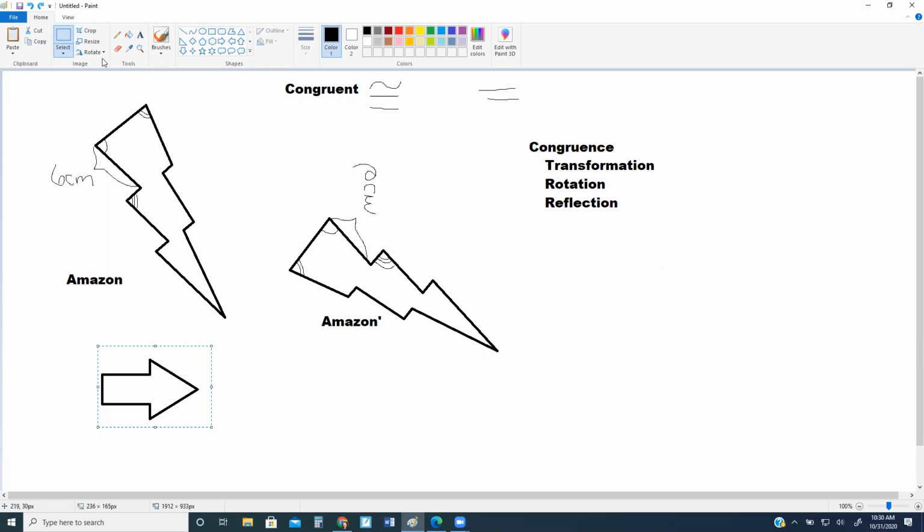We can rotate it. We can reflect it. We can translate it, and it's still going to be congruent. We can put this all over the place, and it's still going to be congruent. Anytime you do a rigid transformation, it's going to be congruent afterwards.